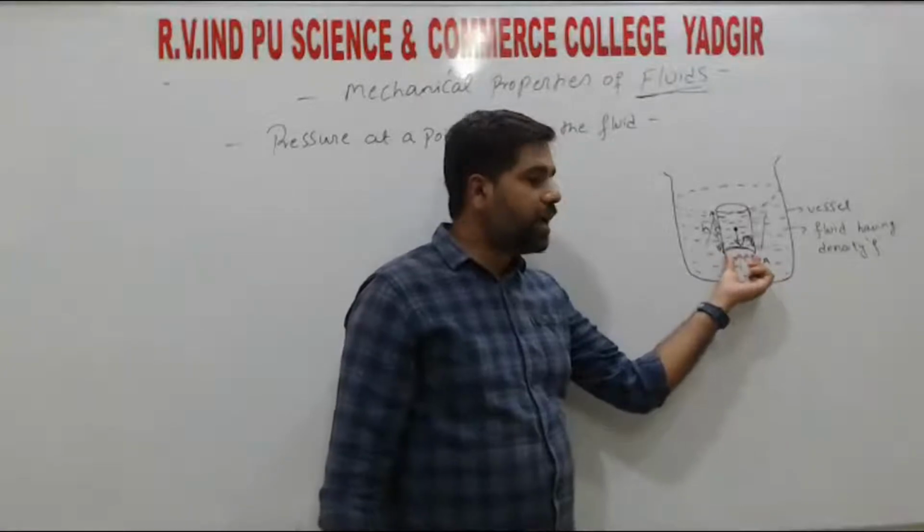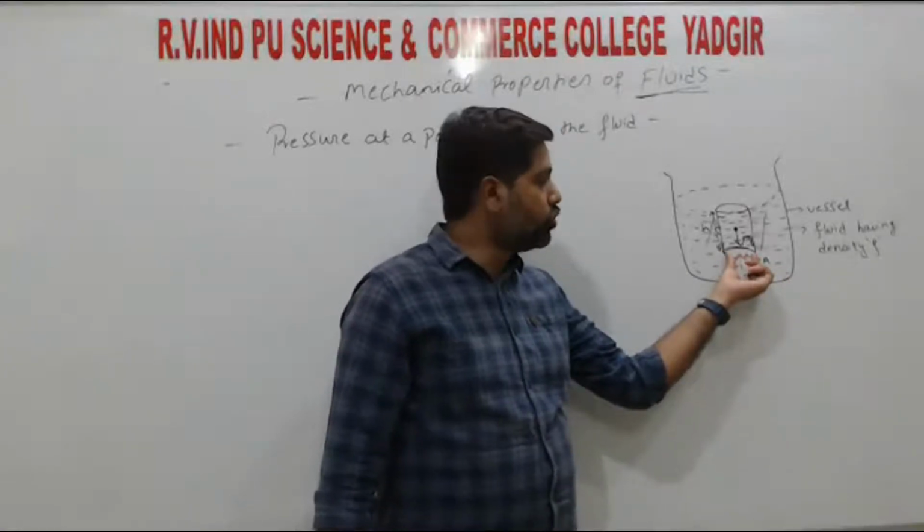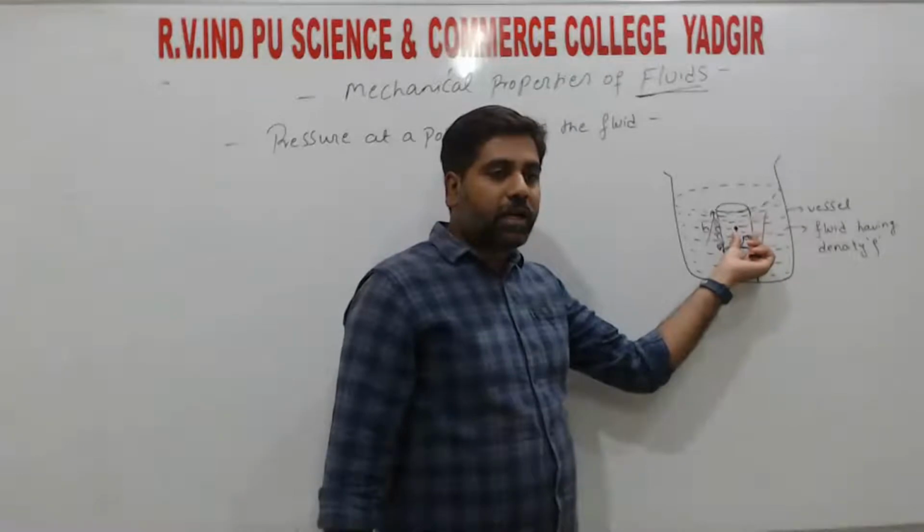So the force acting on the area of cross section A is equal to the weight, which is acting vertically downward.